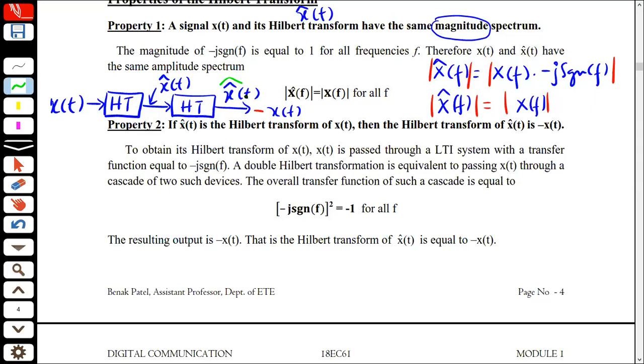So x double cap of t is equal to negative x of t. This is the meaning of the second property: if x cap of t is the Hilbert transform of x of t, then the Hilbert transform of x cap of t is equal to negative x of t.